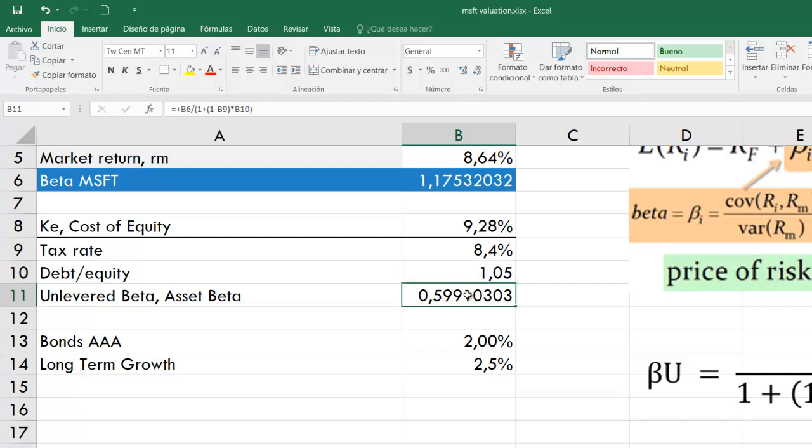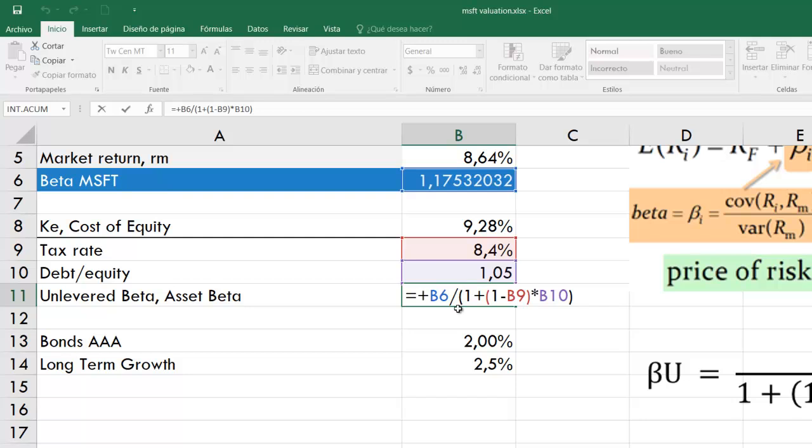So we only need to perform the calculations, as simple as this. Notice that parentheses are important here, so please respect that.